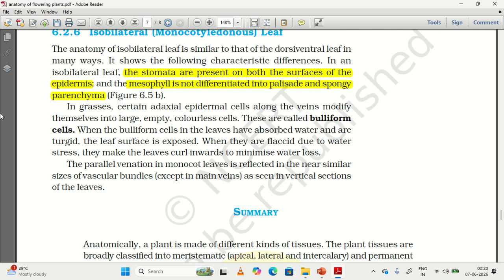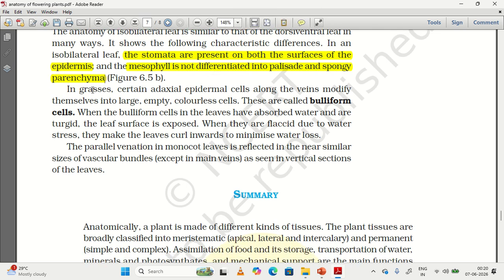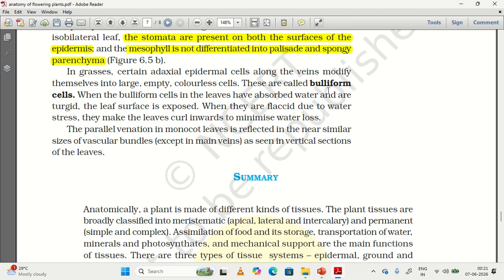Here there is no such differentiation in the mesophyll. In grasses, certain adaxial epidermal cells, meaning the upper epidermal cells along the veins, modify themselves into large empty colorless cells. Such cells we call bulliform cells.